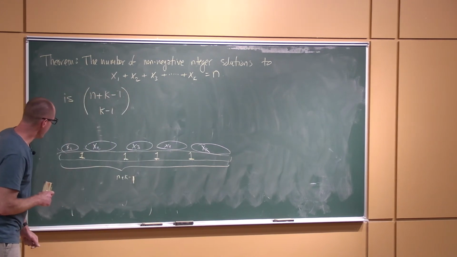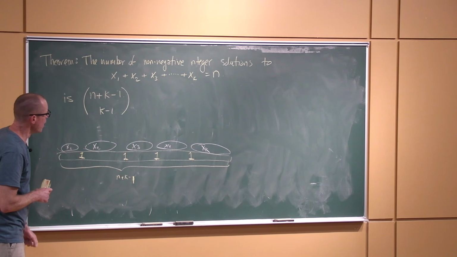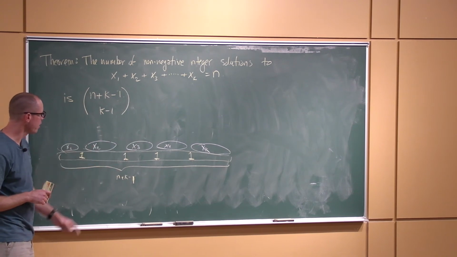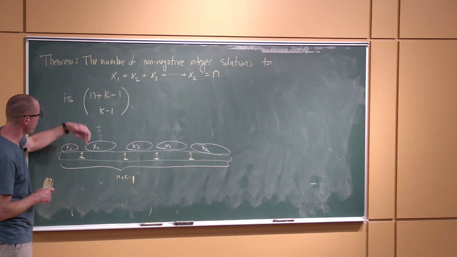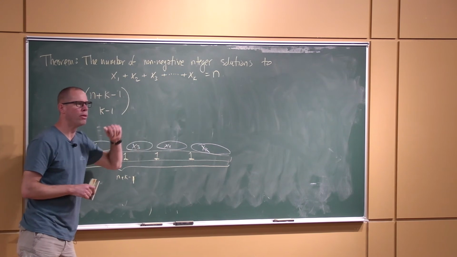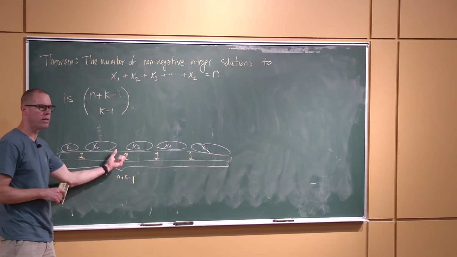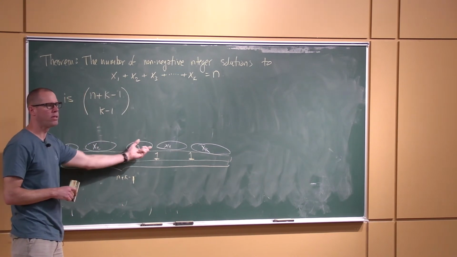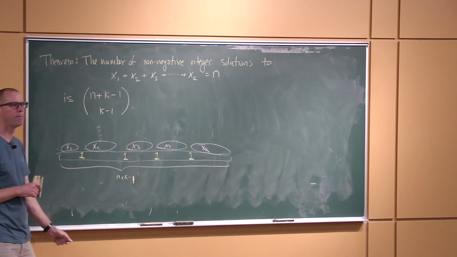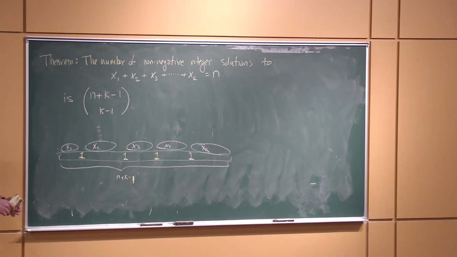They will have length n because the whole thing has length n plus k minus 1, and I've taken away k minus 1 places where I put the ones, so the amount of spaces that I haven't put stuff in is n. Clear? Good.